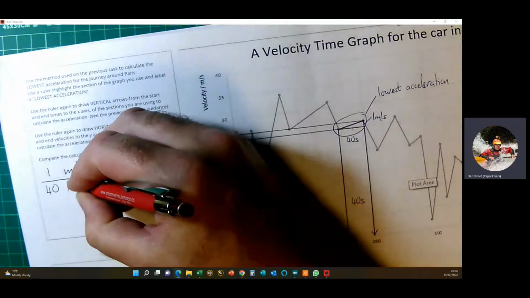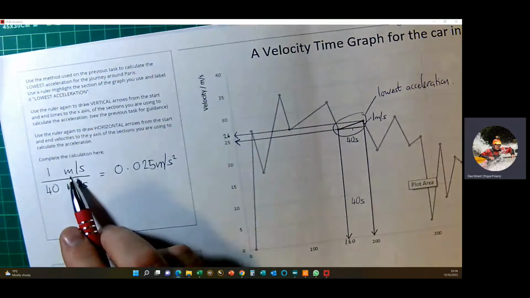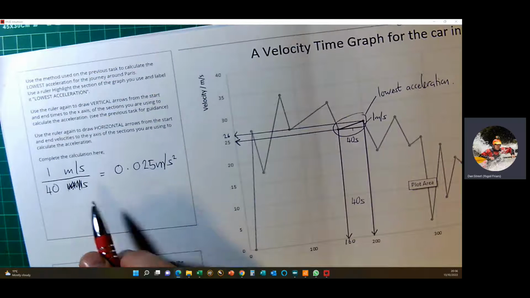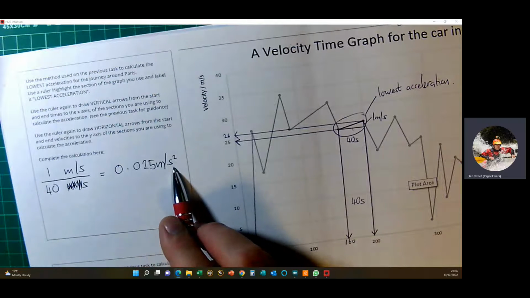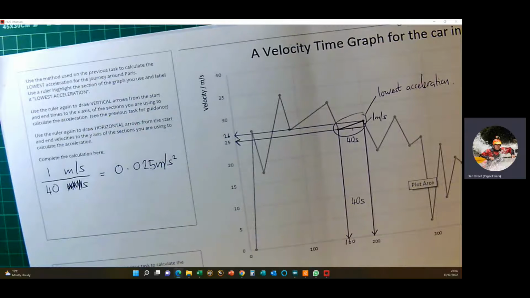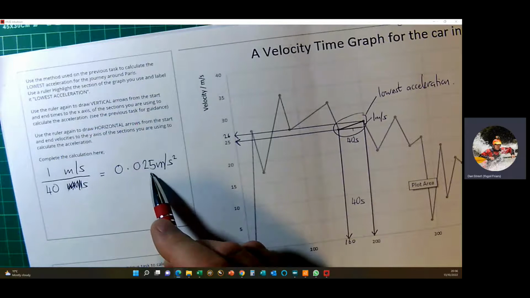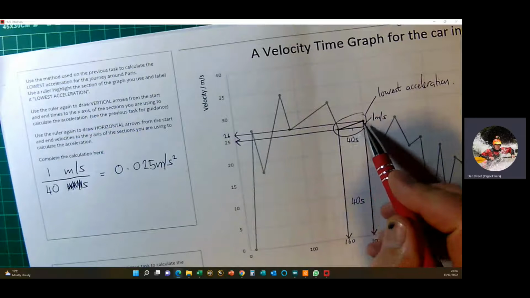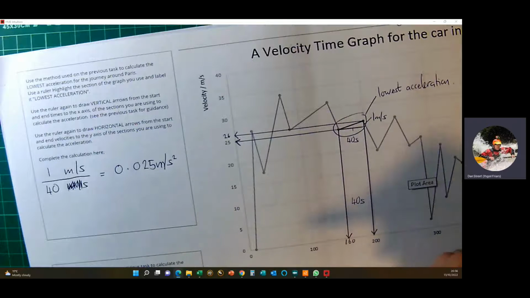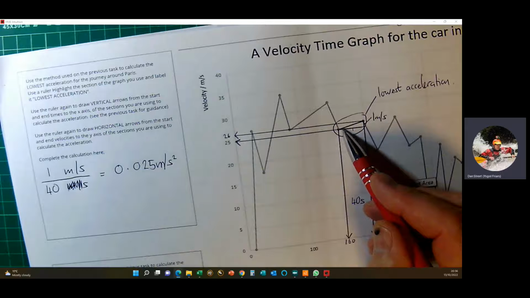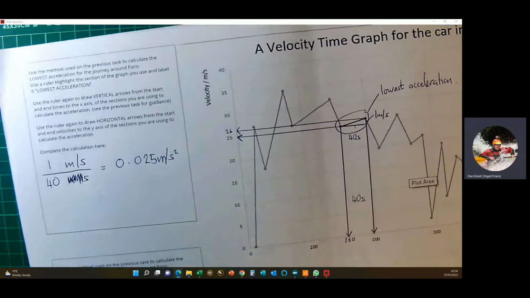So that was a mistake there. Meters per second divided by seconds becomes meters per second squared. So 0.025. So a low number, which has to be expected because this is a very slight increase in speed, a very slight acceleration. It's a very shallow gradient.